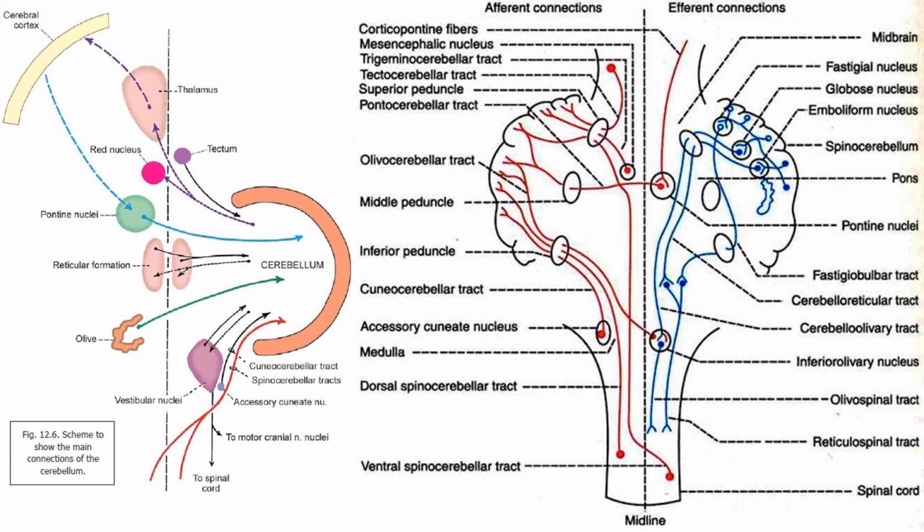And here are some summary figures of the inputs and outputs into and out of the cerebellum via the different cerebellar peduncles that I found pretty helpful when it comes to reviewing the aggregates of the afferent and efferent connections.